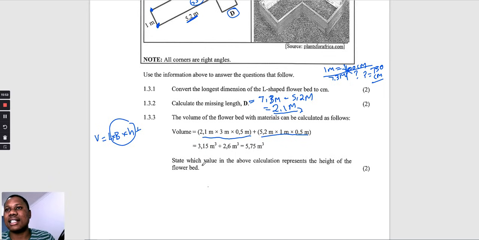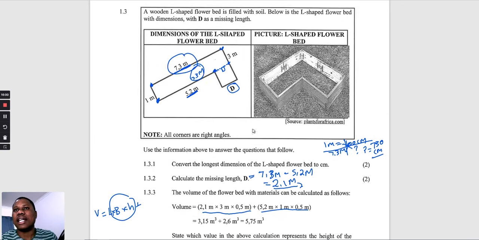Now they say state which value in the above calculation represents the height of the flower bed. Let's analyze again. This 2,1, we know that it represents D, so this is this side. Multiplied by 3 meters, which is from here to here. So now we can have an idea that whoever was calculating here divided the rectangles in this way.